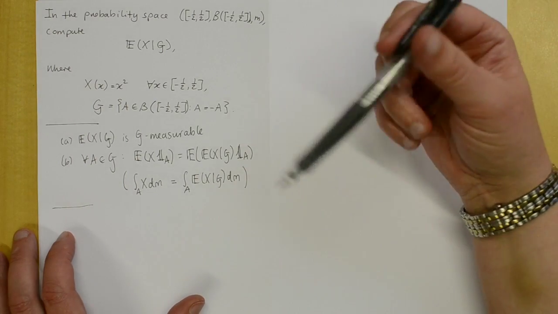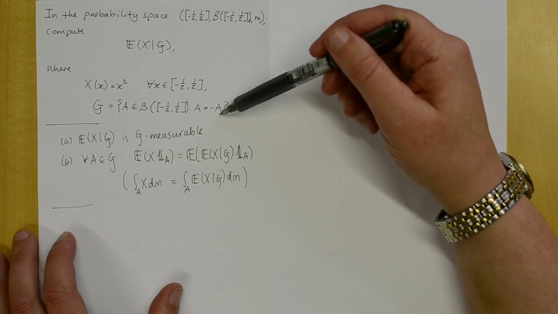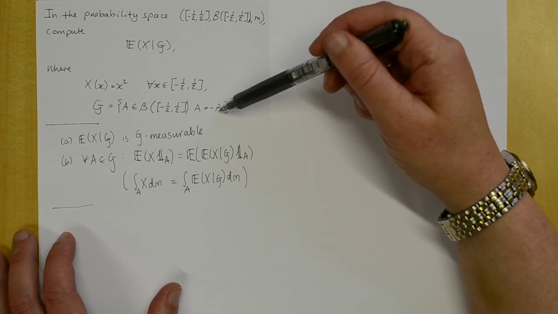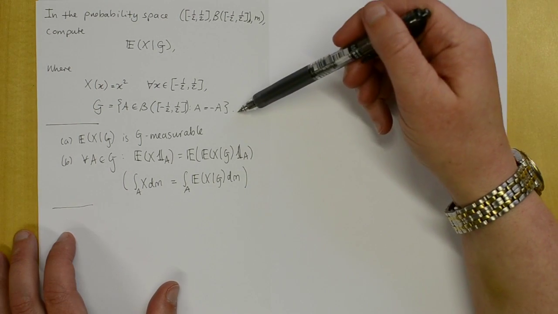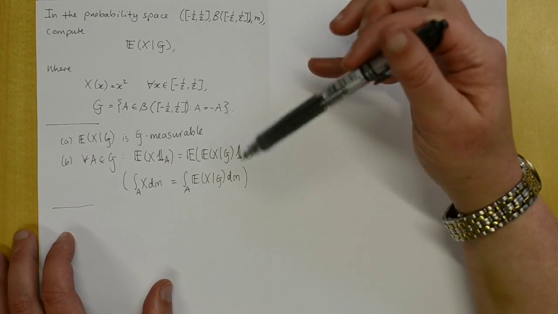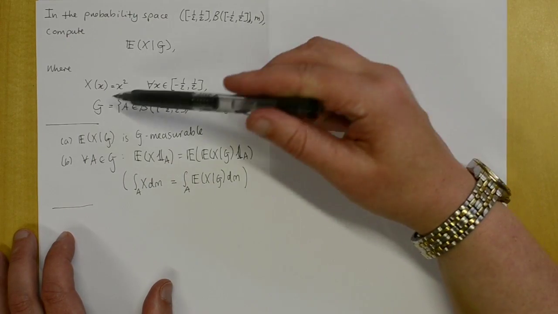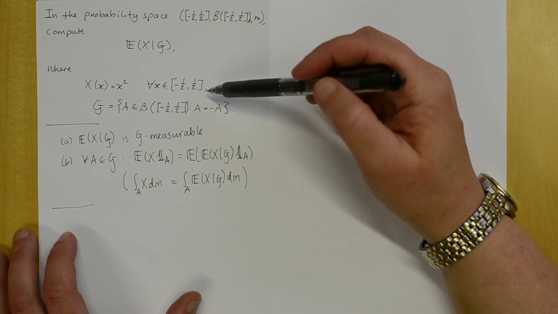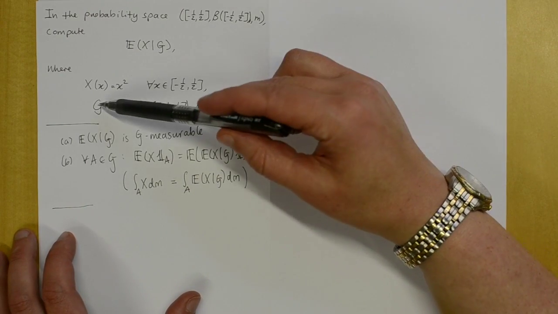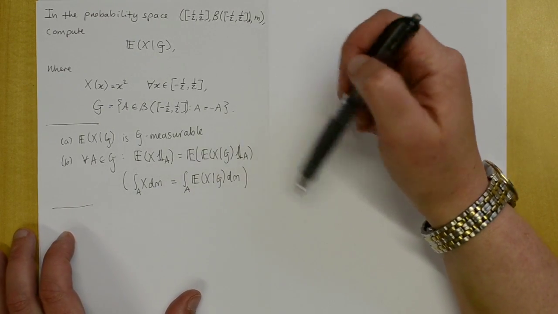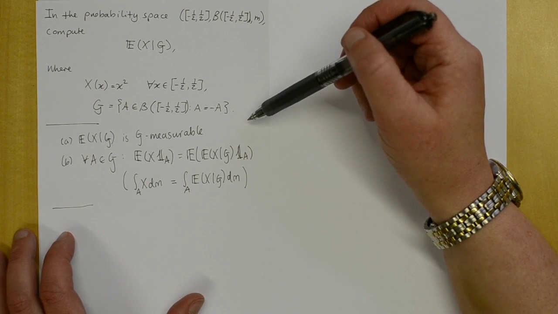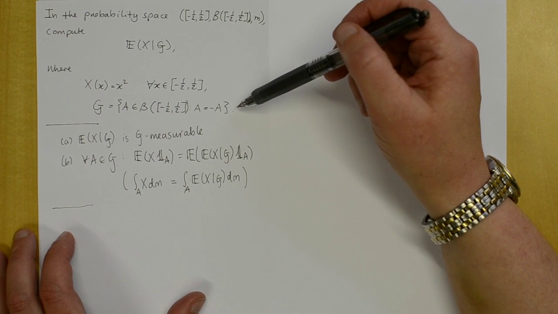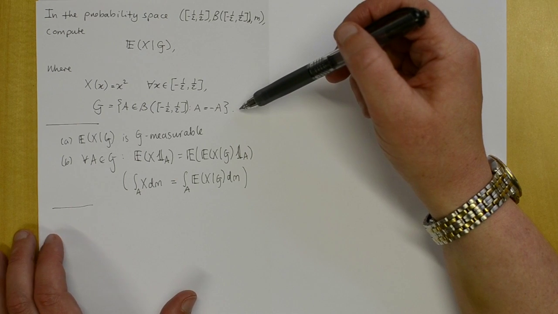Now we know from experience in this module that the kind of random variables that are measurable with respect to such a sigma field tend to have the same symmetry properties as the sigma field itself. So in this case, my guess is the random variables that are measurable with respect to G are actually symmetric around 0 as well, and this property is called evenness.